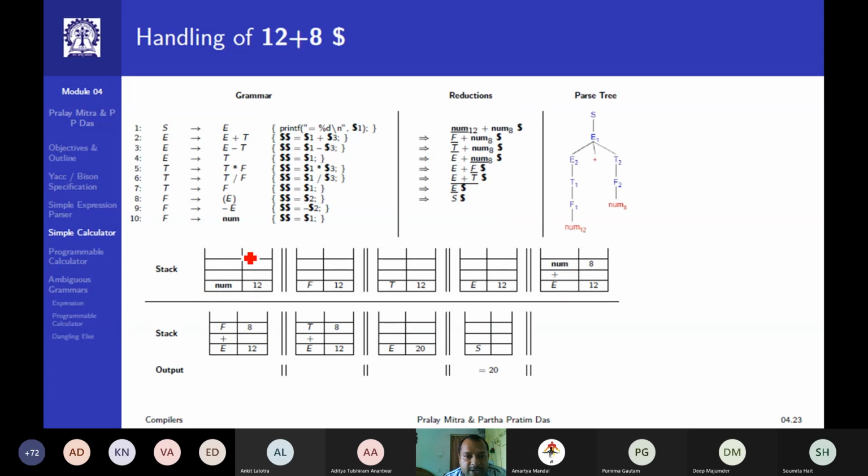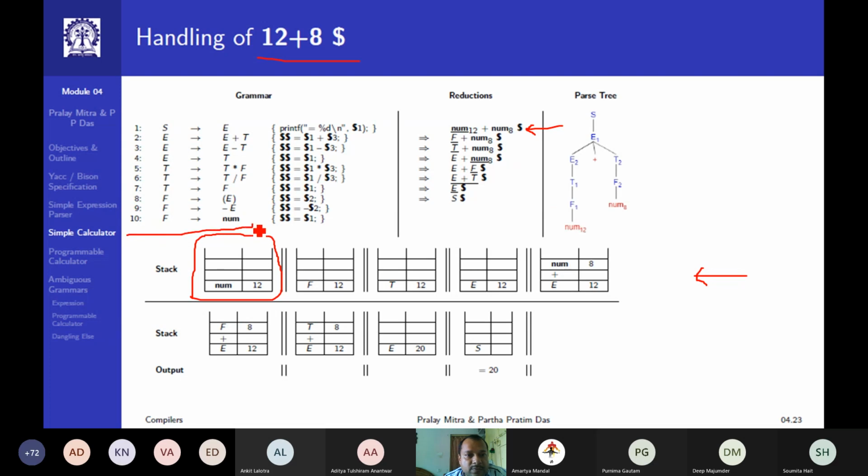So two stacks we are maintaining here. At the bottom you see, first here, so I am starting here because my expression is 12 plus 8. So this is my num. Subscript 12 indicates number with the value 12, plus number with the value 8 at this position.